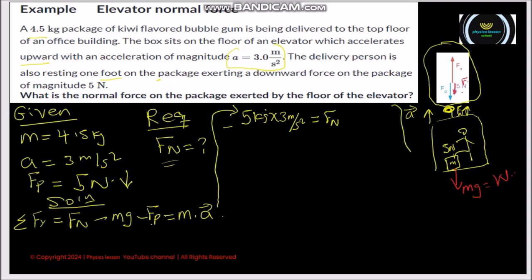The normal force minus mg minus the force of the person. This can be decomposed as 5 times 15 Newton is equal to the normal force minus mass.